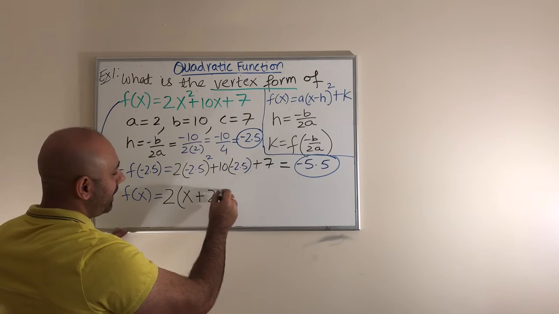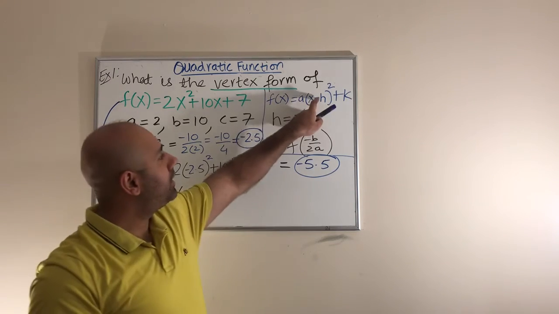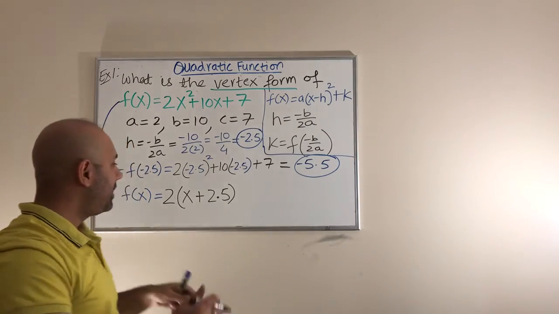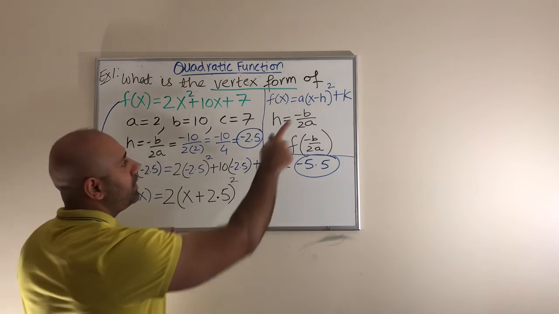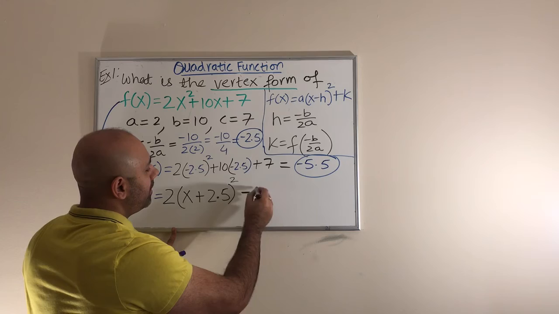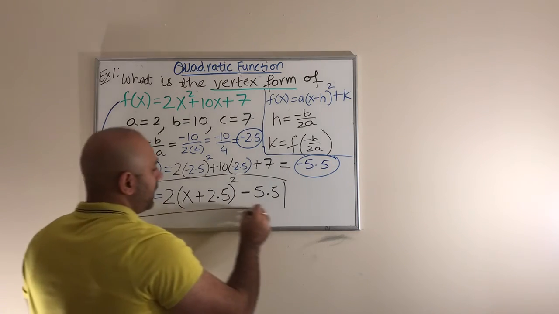I'm just skipping a step here because it's pretty simple. There's a minus here, and h is negative 2.5, so two negatives multiplied together becomes positive. There's a square, I'll keep that square, and then there's a plus k, which means there's plus negative 5.5, so it's just minus 5.5. This is the vertex form.